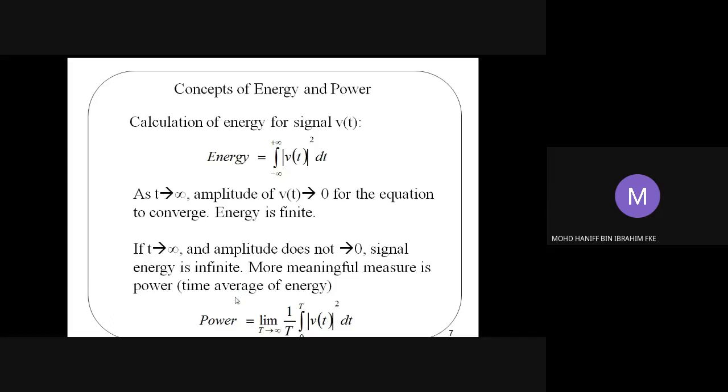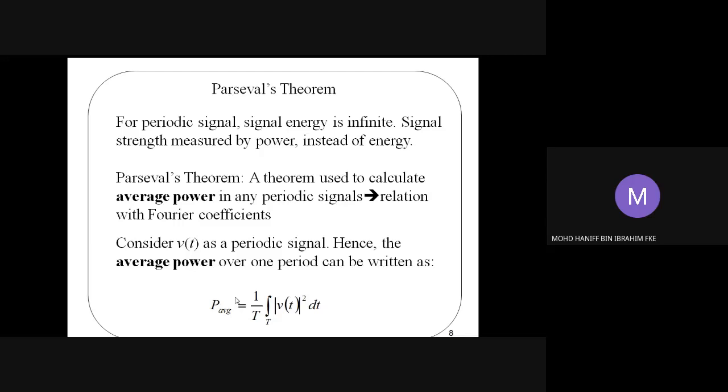To relate this to what we are learning right now, which is the Fourier series, we know that for a Fourier series the signal is periodic. If the signal is periodic, the energy calculated using the equation in the previous slide will be infinite.